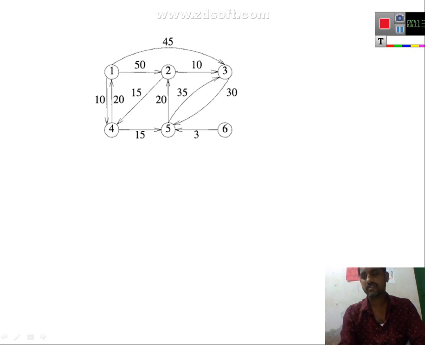So first we go through the different steps, vertices from the shortest path, and select vertices and distance. See here, first we have to select the vertex whose distance is 1. So likewise we have to consider the first one is 1, the minimum distance we have to calculate it.